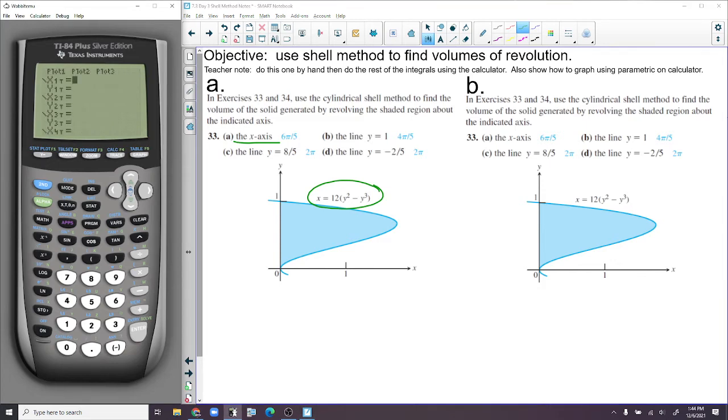It says x equals this, so where it says x equals, that's where we're going to put the function. So t squared minus t to the third. In the y, we're going to put t. So where we're not putting the function, you just put t.